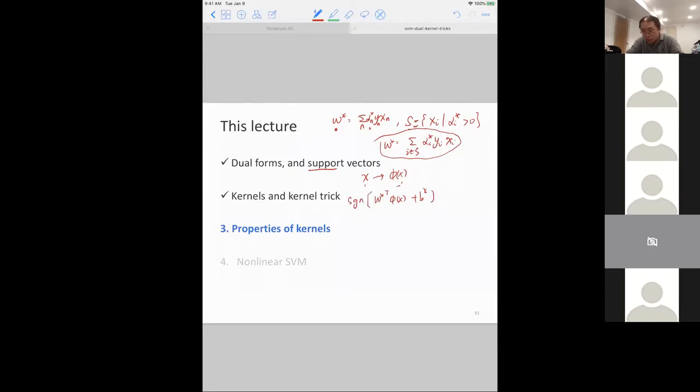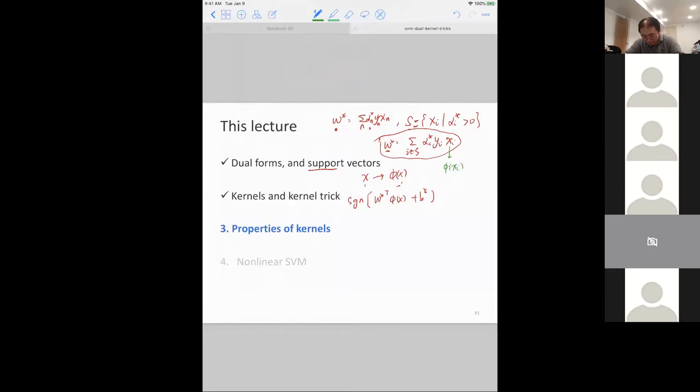So this is our new prediction function. And you can imagine that because the training is conducted in the mapped feature space, in our representation of the optimal weight vector, in this weighted summation, you have to replace each input vector by its mapped vector, right?